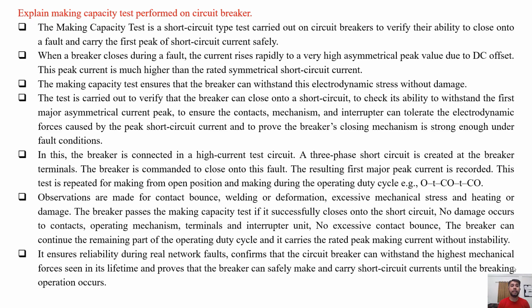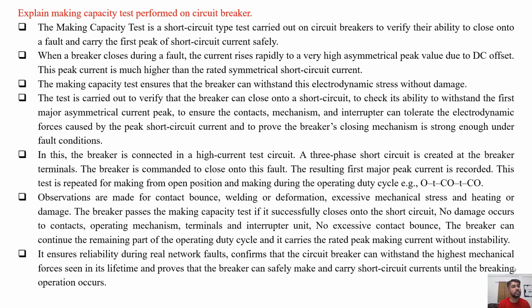Explain making capacity test performed on circuit breaker. So the making capacity test is a short circuit type test carried out on circuit breakers to verify their ability to close onto a fault and carry the first peak of the short circuit current safely.